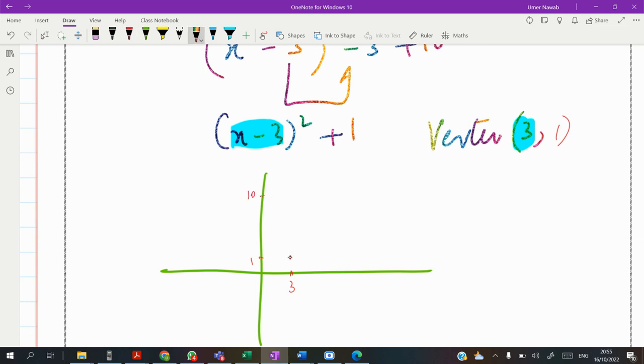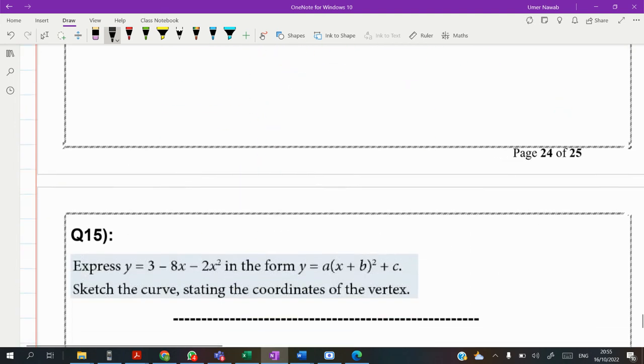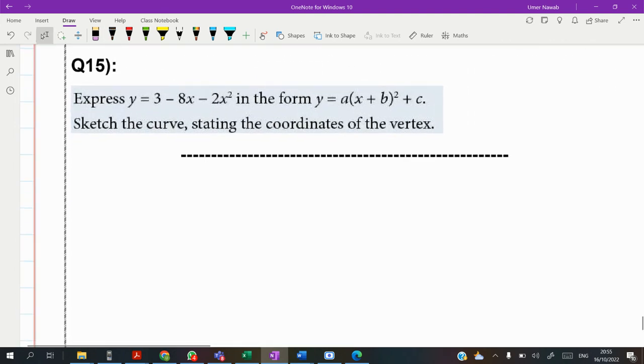Now I have this point. I will draw like that, and in this way I draw the right flap of this parabola. I just want to draw the line of symmetry if you want it. x is equal to 3 is your line of symmetry and your minimum point, the vertex, is (3, 1). That's the beautiful sketch of this graph.